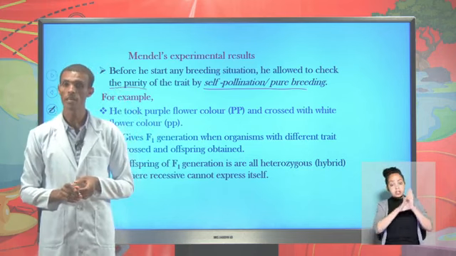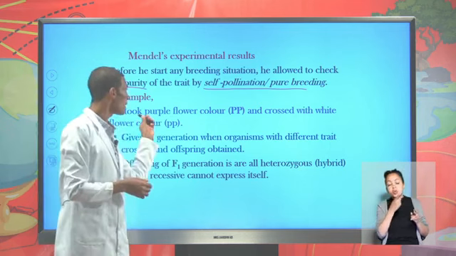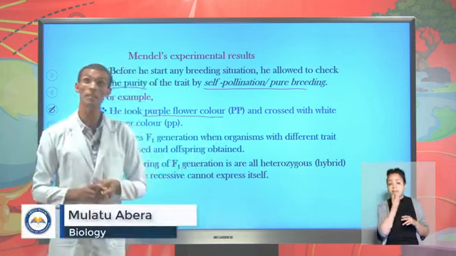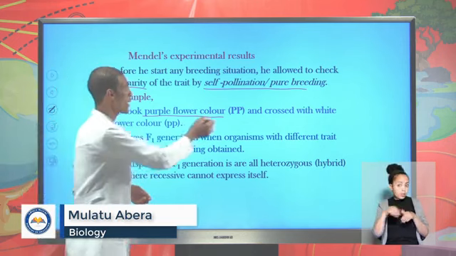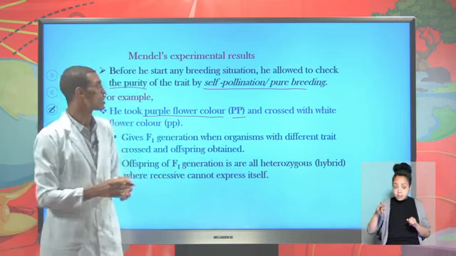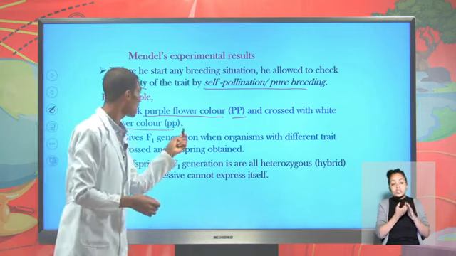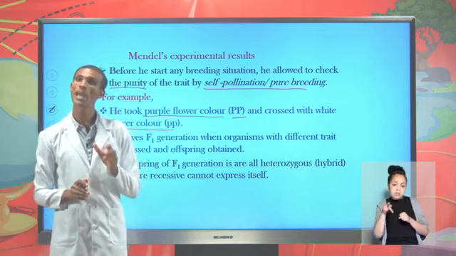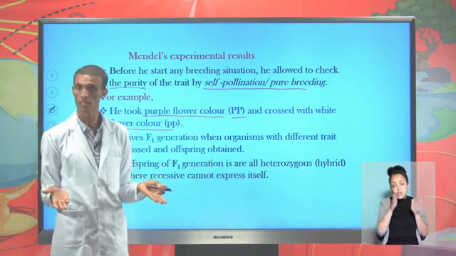For example, he took flower color, a purple flower represented by capital P, capital P. Remember, student, homozygous capital P, capital P, is crossed with white, which is recessive, small p, small p. We say it is monohybrid because the letters are capital P and small p, small p. Our trait is flower color.